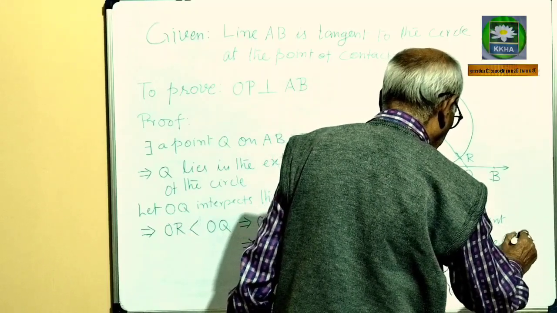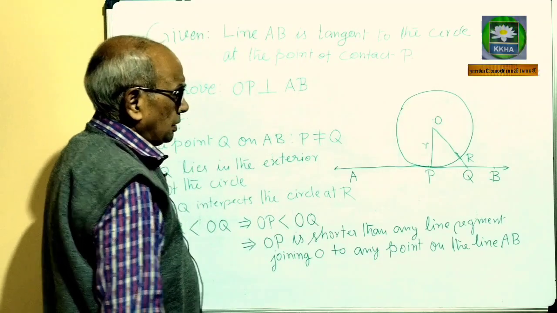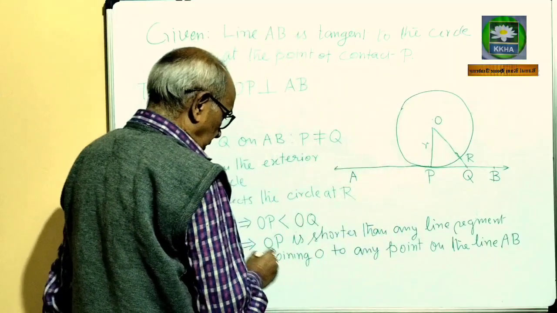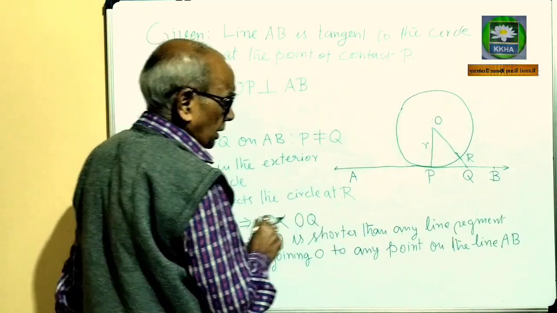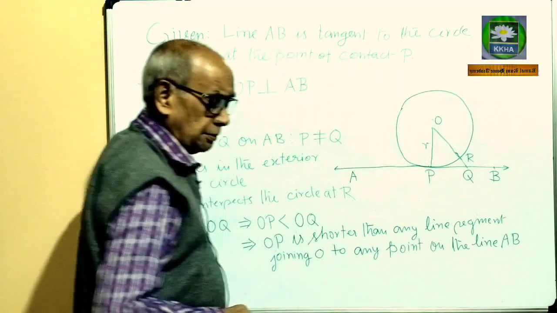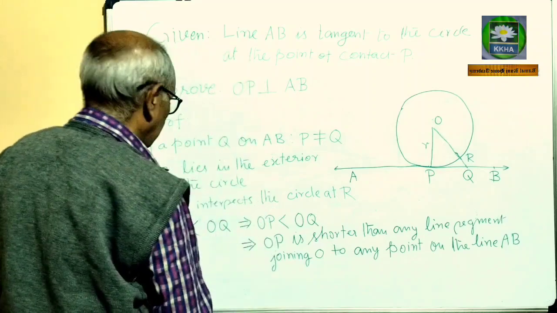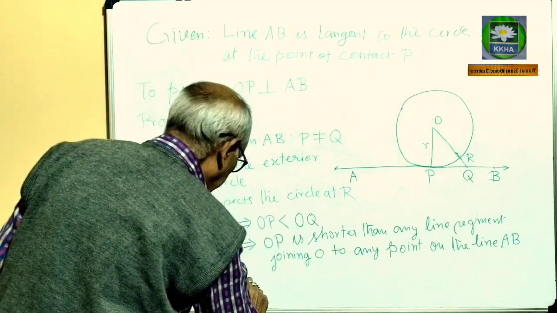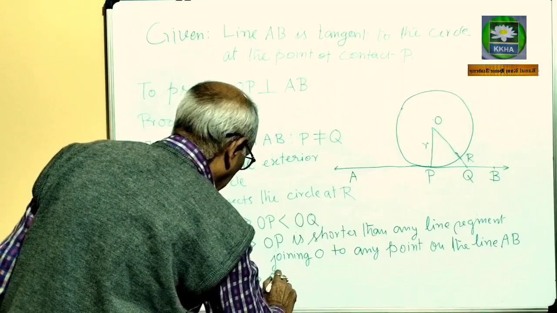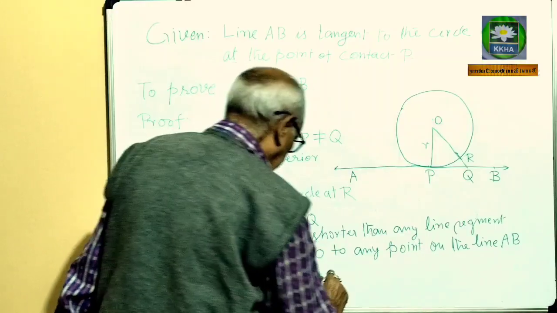Since Q is any point other than P, OP is shorter than any line segment joining O and any point on this line AB. This implies that OP is the shortest line segment.